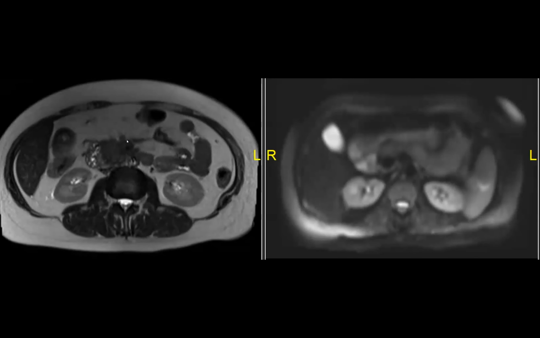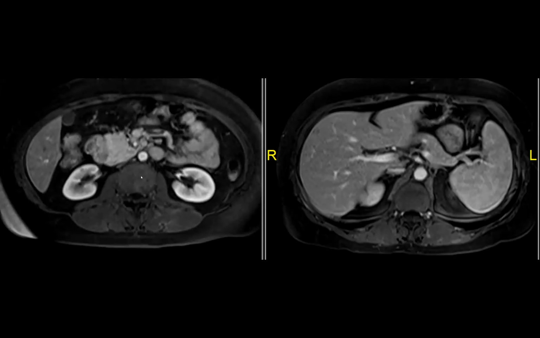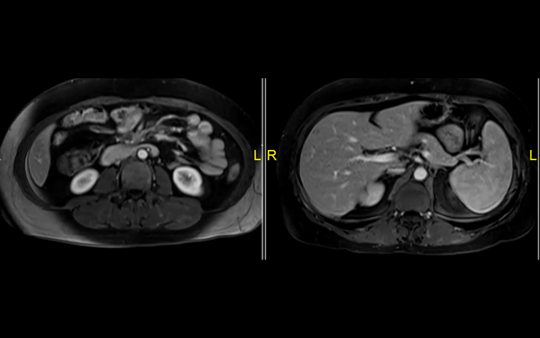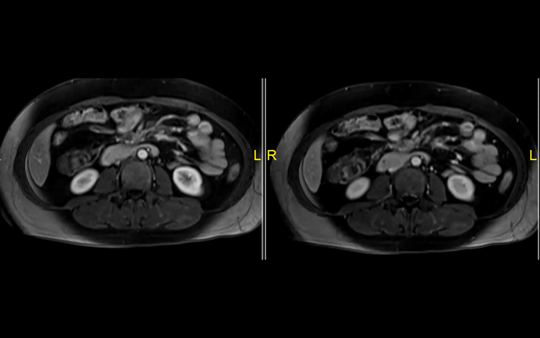This thing, right? It's a central mesenteric lesion. Right there, see that? And then right there, right? So it's a central mesenteric lesion, kind of spiculated, cystic neuroendocrine.